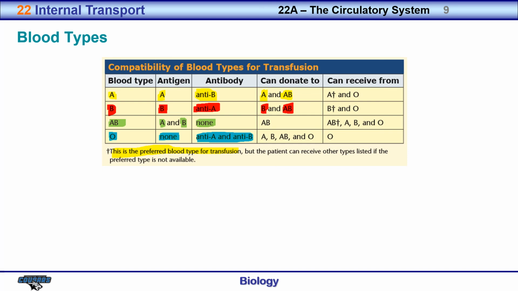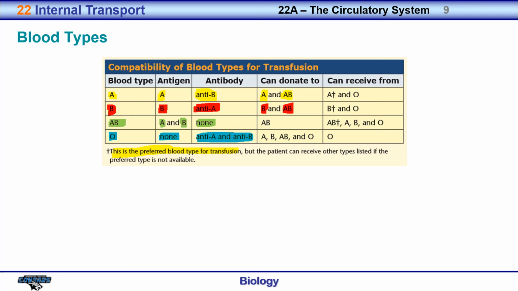Well, I can't receive any type of blood that has an A or a B antigen because I have anti-A and anti-B antibodies. So I can't receive an A because it has A antigens. I can't receive a B because it has B antigens. I can't receive an AB because it has both A and B antigens. The only blood I can receive is blood that has no antigens, and that's type O.